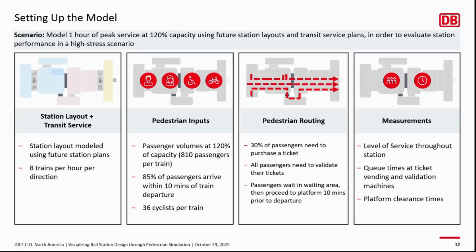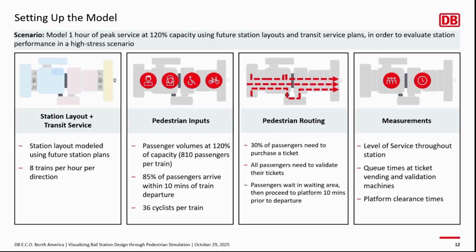For the pedestrian inputs, again, passenger volumes were set to 120% of capacity. Based on assumptions, we also modeled passenger arrival times so that passengers arrived at variable rates based on how many minutes were left until their train departs.